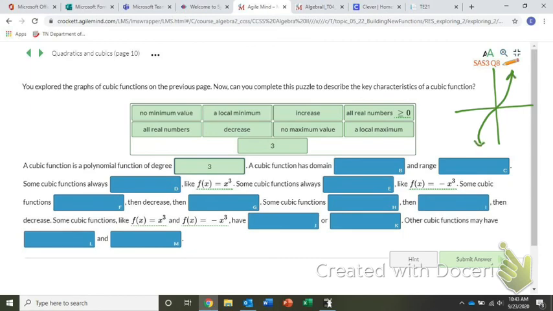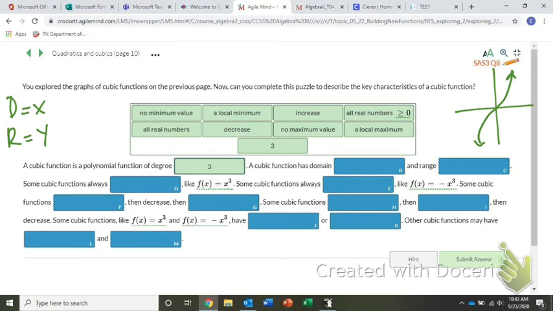Remember that our domain is X and our range is Y. So, domain, we read left to right.